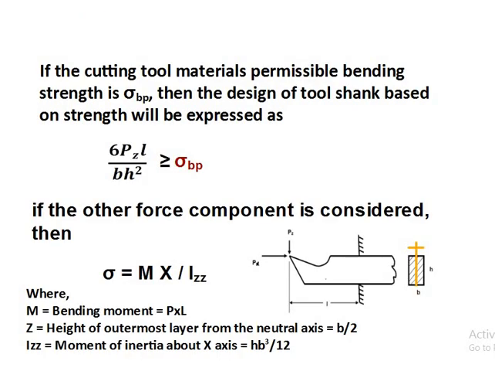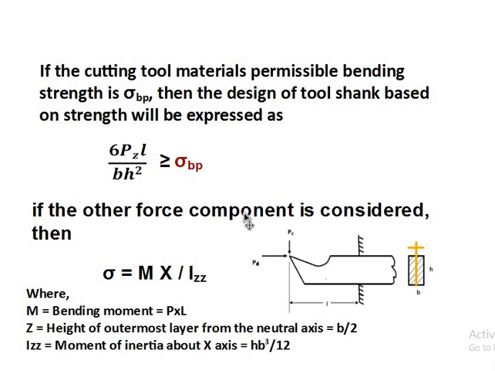If the cutting tool material's permissible bending strength is sigma BP, that is the permissible bending stress, then the design of the tool shank based on strength will be expressed as 6 Pz L, that is vertical direction load into L, 6 P L divided by B H squared, which should be less than or equal to the permissible bending strength.